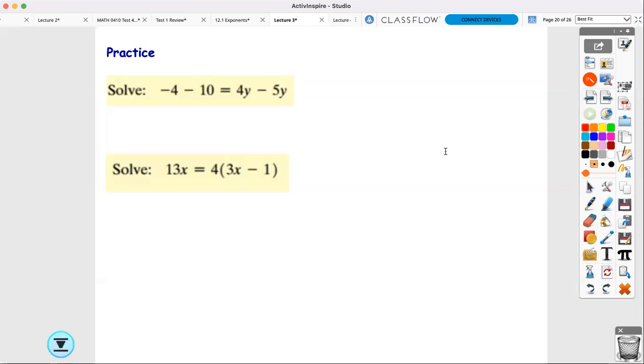I see 14 and negative 14. So is it positive or negative 14? Let's find out.